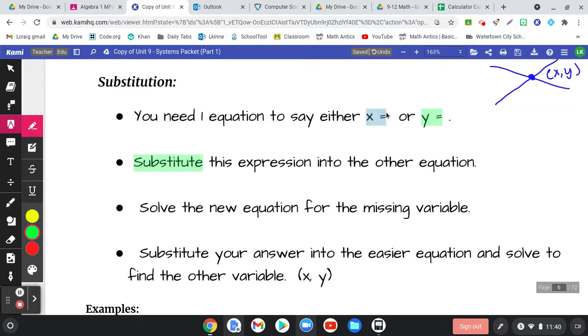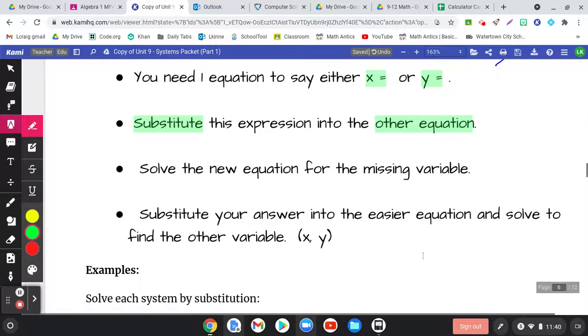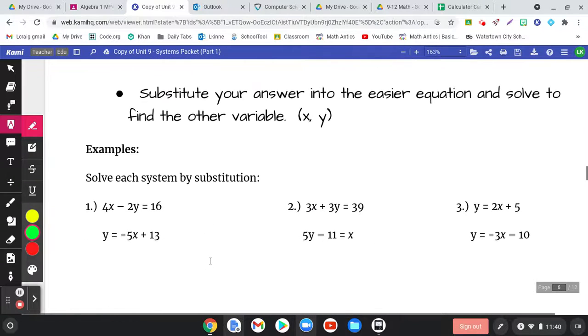So if x equals 5, wherever you saw an x in the other equation, you would plug a 5 in, and so on. You're going to solve the new equation for the missing variable that's still there, and once you find your answer, so if you find what x equals or y equals, you're going to substitute that into the easier equation and solve. So let's go through this step by step.